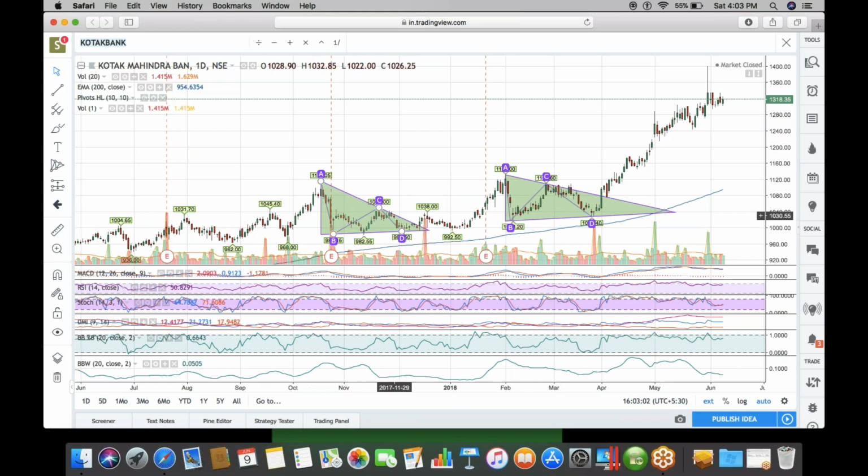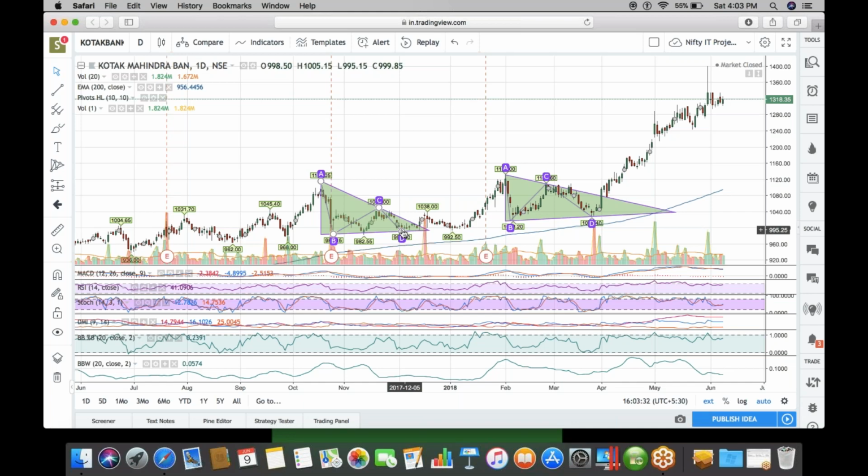Say for example, this is an uptrend. See this, prices are moving. Okay, this is 28th of September 2017. Prices make a high till 18th of December 2017. They again make a low of 9,800 level on 26th of October 2017, again make a lower high. This is one high, this is a lower high.